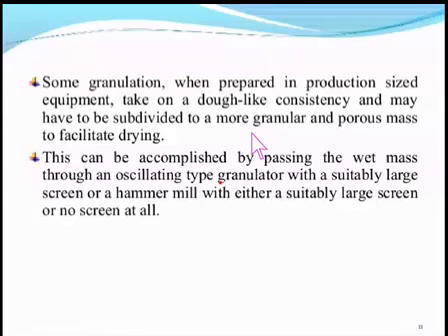In order to make it more granular and porous, we need to subdivide it so that it will facilitate the drying. This can be accomplished by passing the wet mass through an oscillating type granulator with a suitably large screen, or a hammer mill with either a suitably large screen or no screen at all.